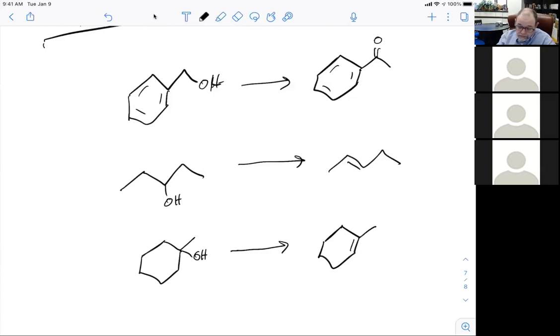Okay, let's take a little time to come up with some reagents for this one. Okay, question in the chat. What you should use as your guidance is the learning outcomes.